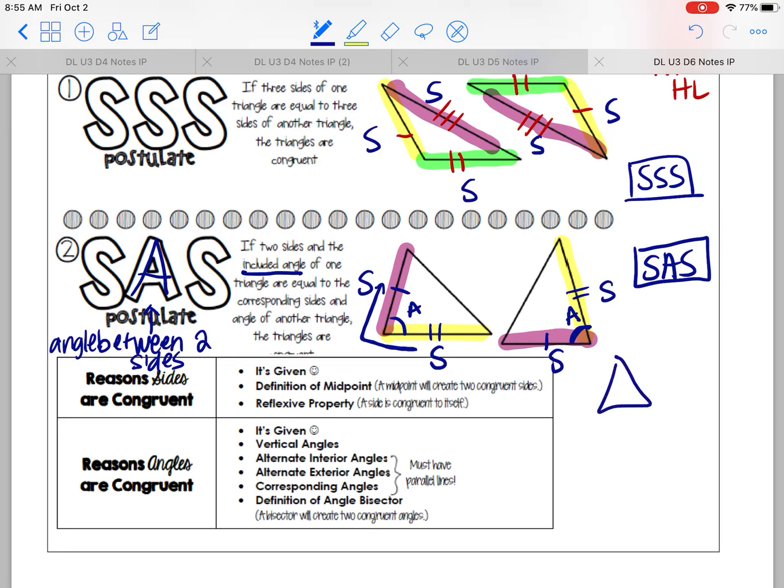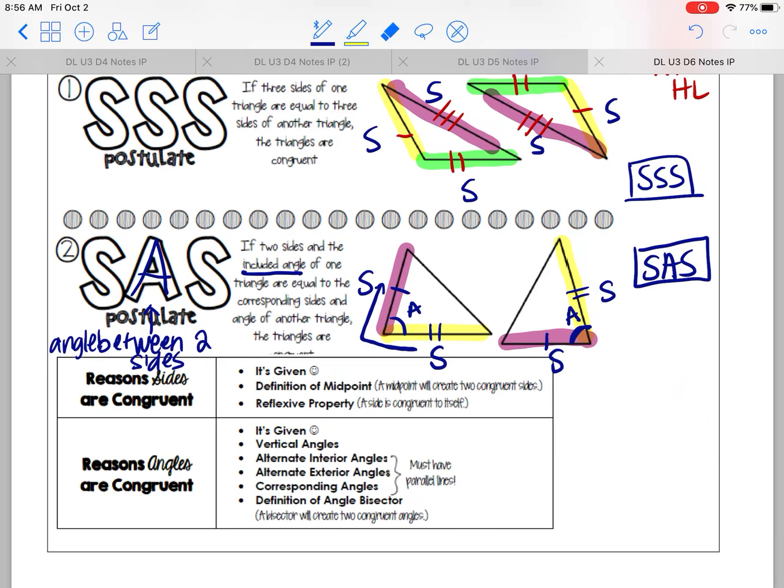For example, if you have 2 triangles like this, and this is A, B, C, D, E, F. If there's the same number of ticks, then you can say that side BC is going to be congruent to side EF. So when it would be given, if they tell you in the instructions, or because of the markings, you can conclude that that's a pair of congruent sides.